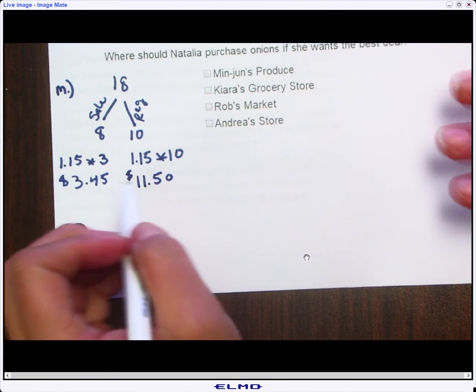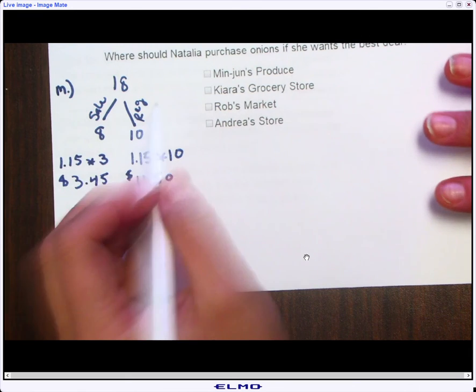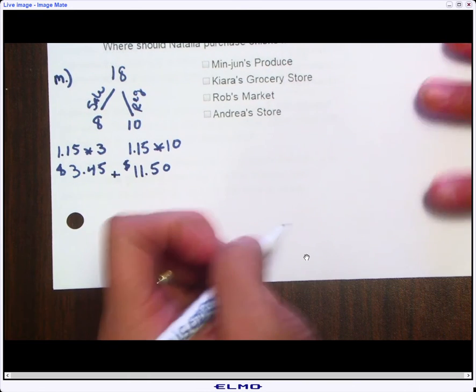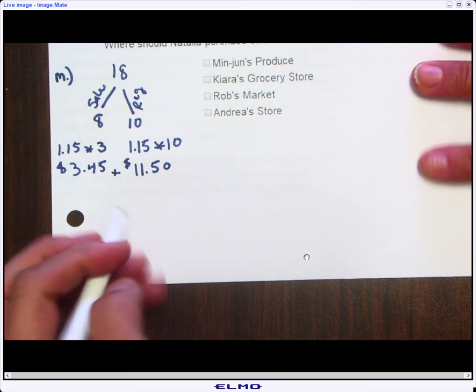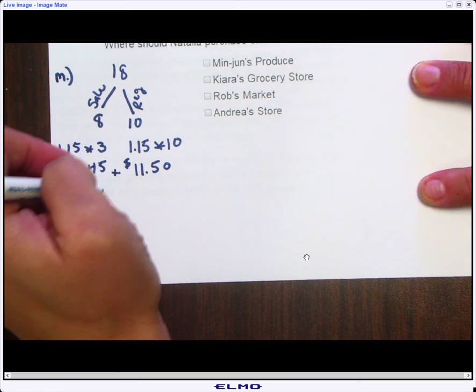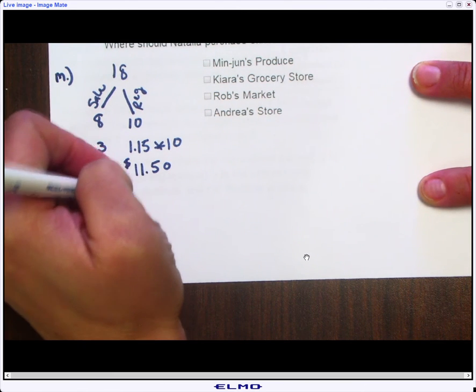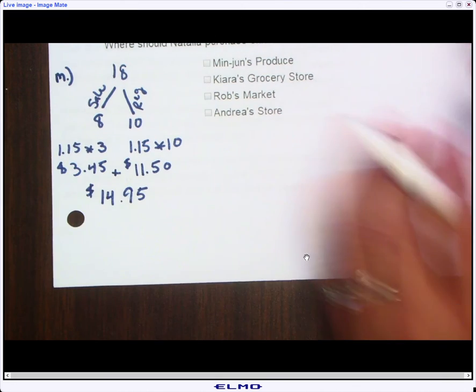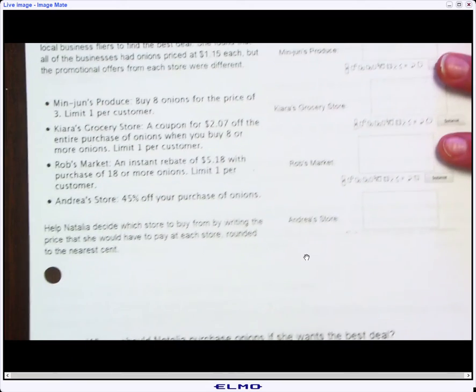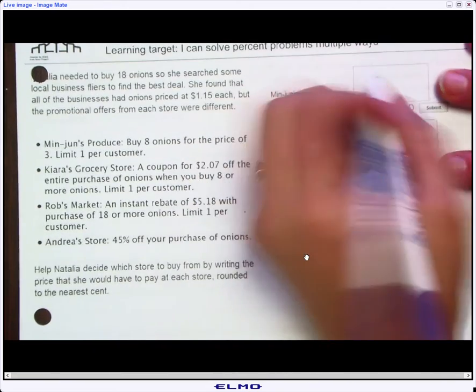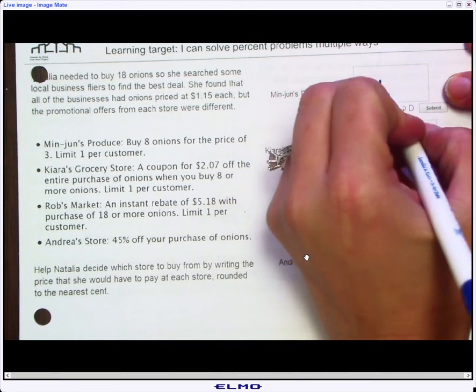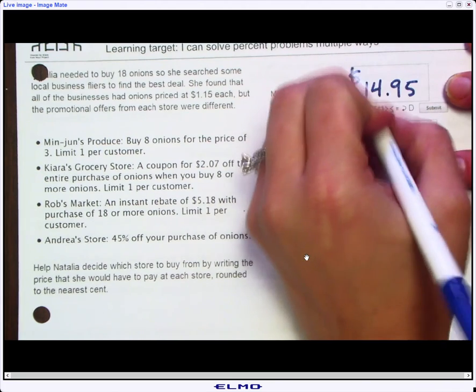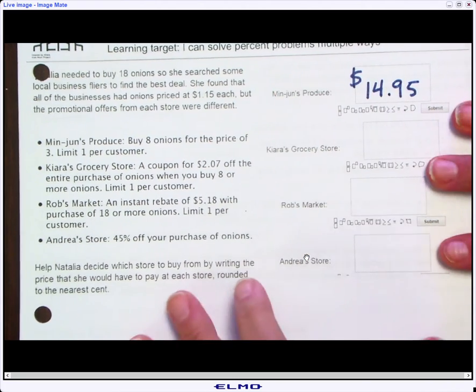So the sum of these, my sale onions and my regular onions, would be the price that you would pay for onions at Min Jun's store, $14.45. And so we'll put that in the box. And then we're going to move on.